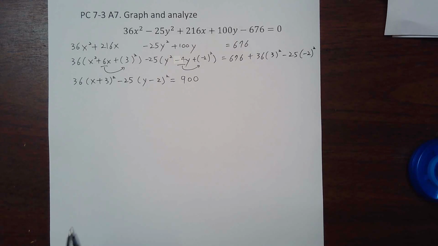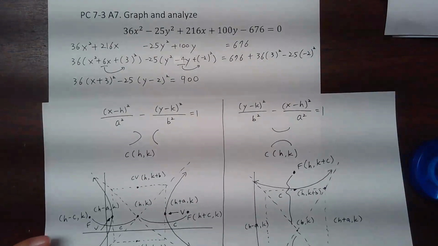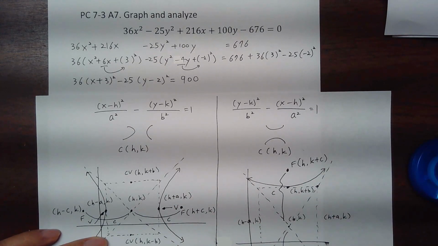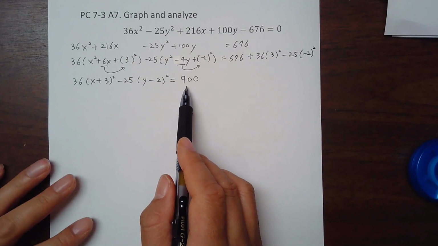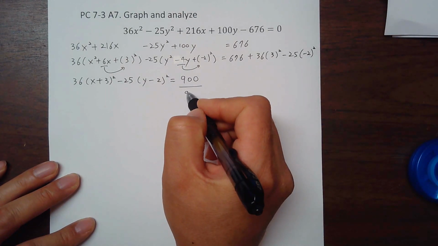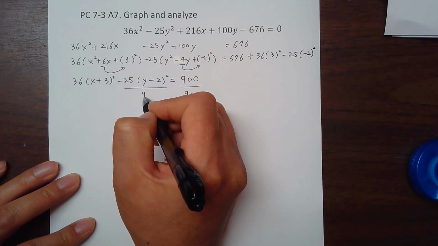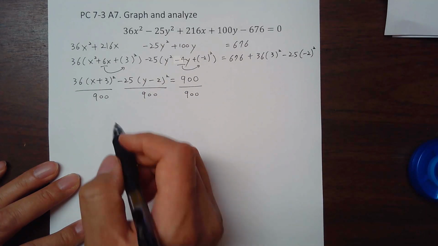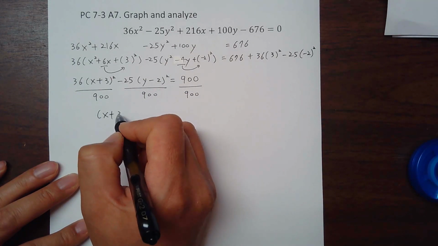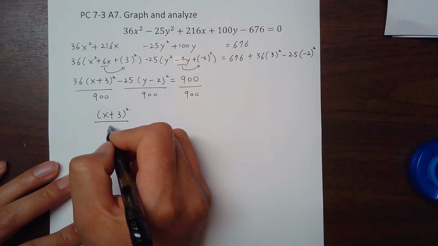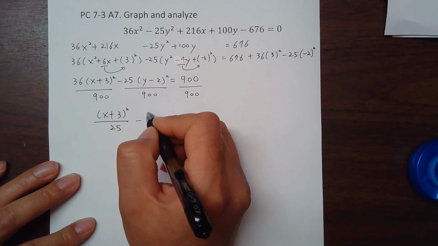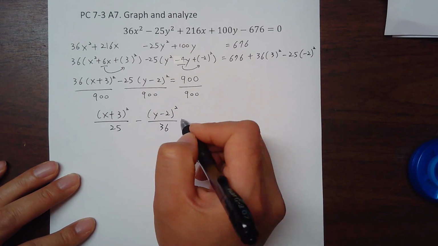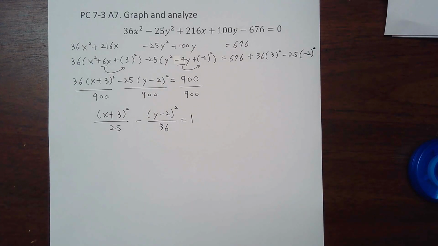Do you remember the standard form, equation of standard form, right hand side is gonna be 1. So you want this 900 to be 1. The way you do that, divide by 900 everywhere. Then it becomes x plus 3 square over 25 minus y minus 2 square over 36 equal to 1.